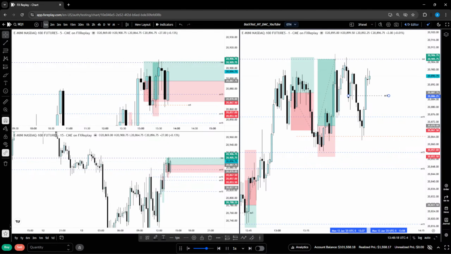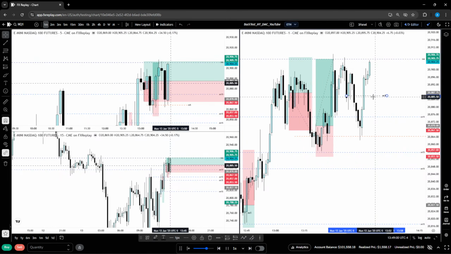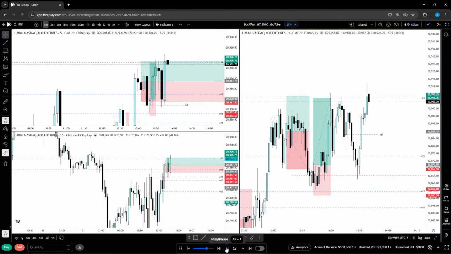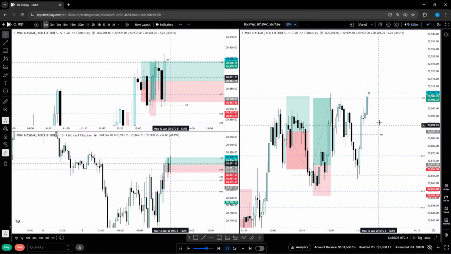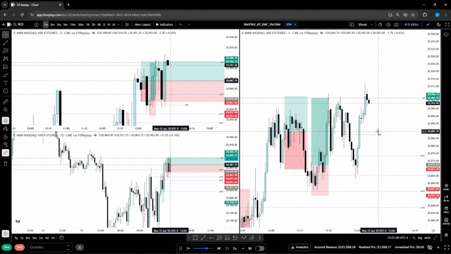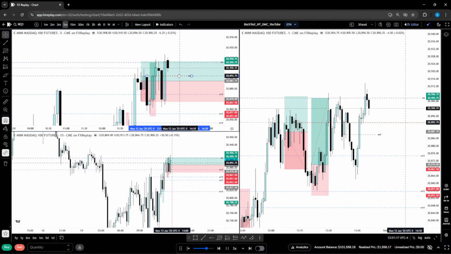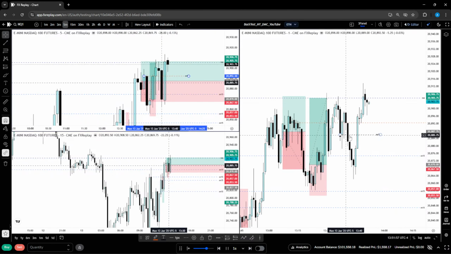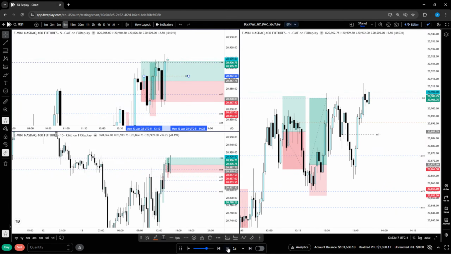Another swing failure for now in 1 minute. So are we going to go here or are we going to go above? Yeah, we broke it. In 5 minutes we have this level that we can go back and test, or levels like this.